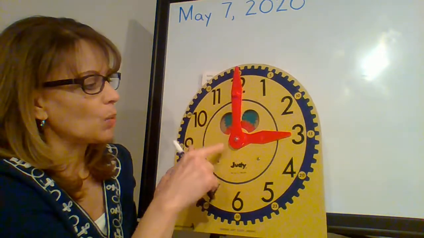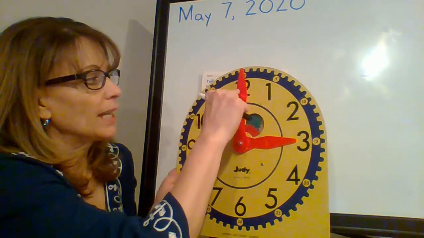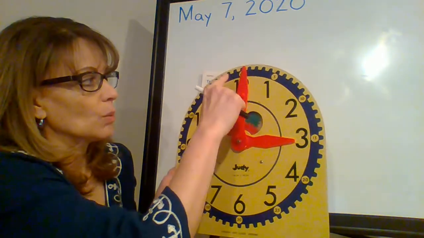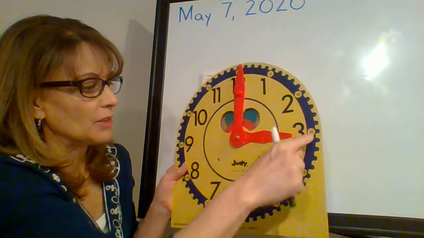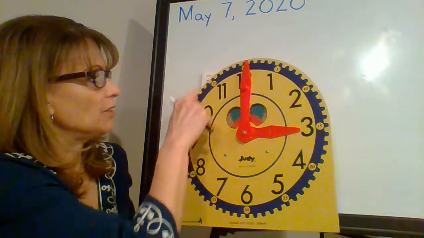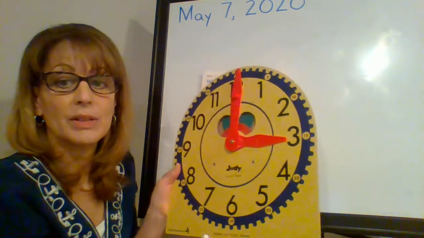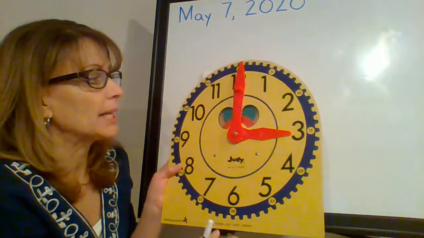But I want you to watch how the hands work together. It's 5 minutes for every number. So 5, 10, 15, 20, 25, 30, 35, 40, 45, 50, 55, 60. So if there is 60 minutes in an hour, half an hour will be 30 minutes.